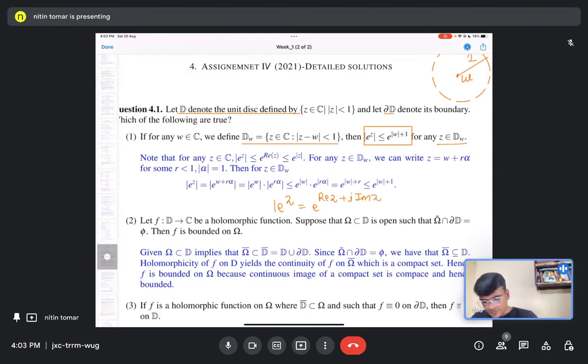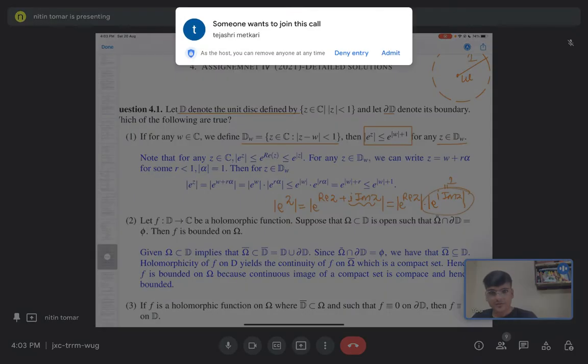Now if you take its absolute value, then it will be the absolute value of e^(real part of z), because this will be e^(iota theta) and its mod will be 1. So this part has modulus 1.